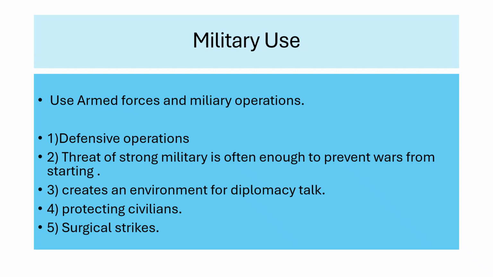Okay, understood. And that is protecting civilians. So military can be used for protecting civilians also. You have heard of peacekeeping force, that United Nations was created to stop war in the world.